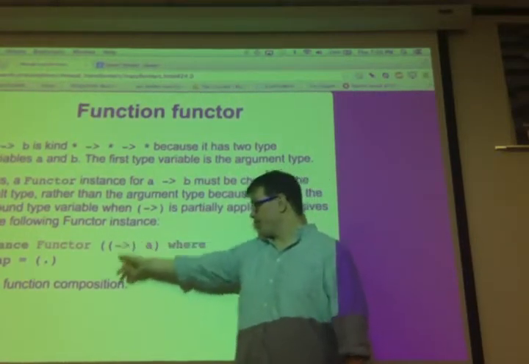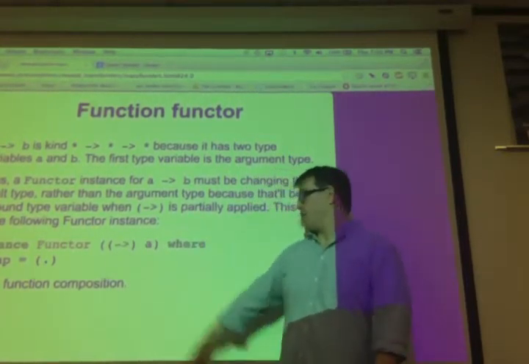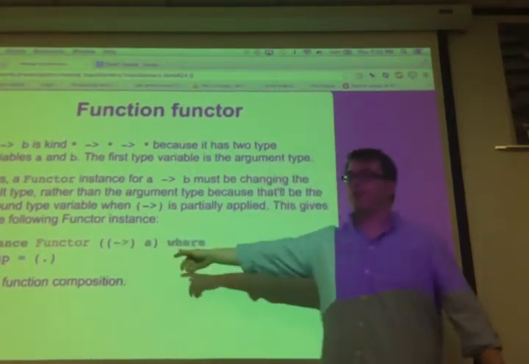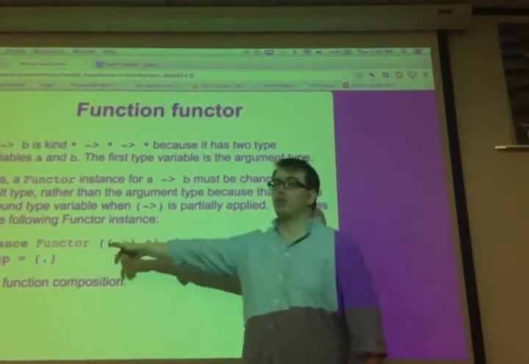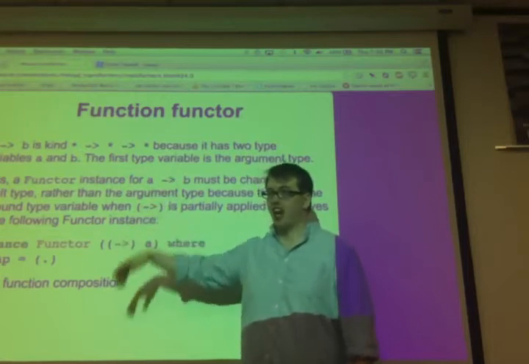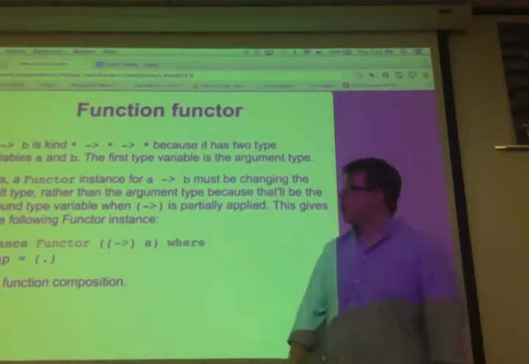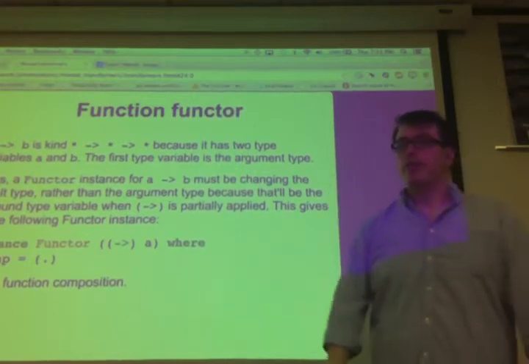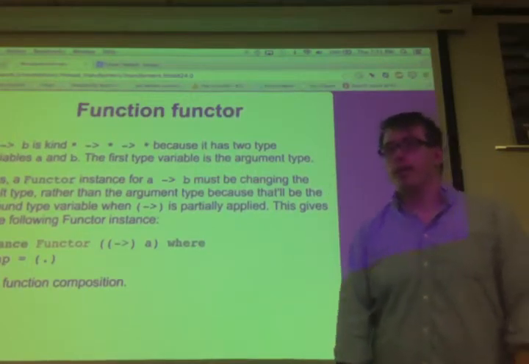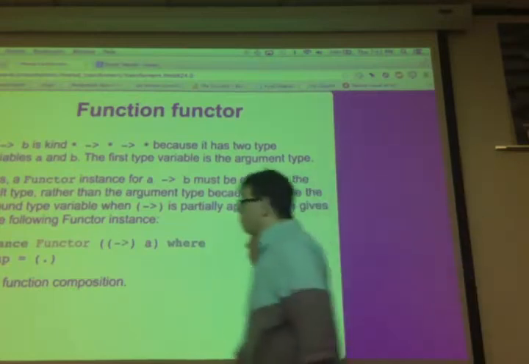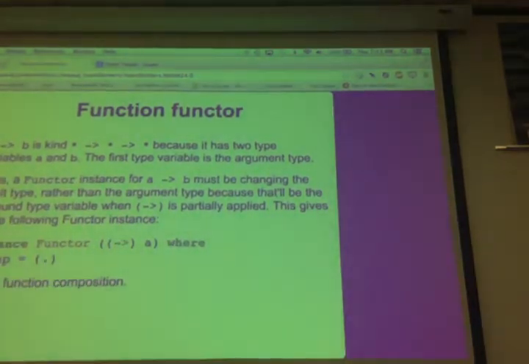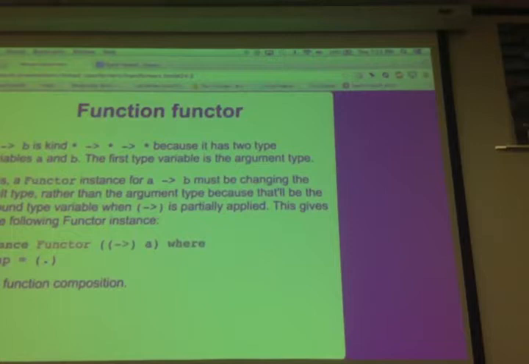We take the function type constructor, and we have to parenthesize it like this because it's infix. Basically, we're making it like a prefix constructor when we do that. It's just syntax. And then we partially apply A. The first argument in the function type is the argument type, actually. So when we partially apply the function type constructor, we're taking that out of scope for the functor.